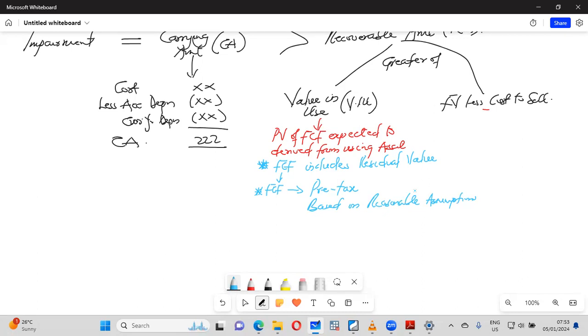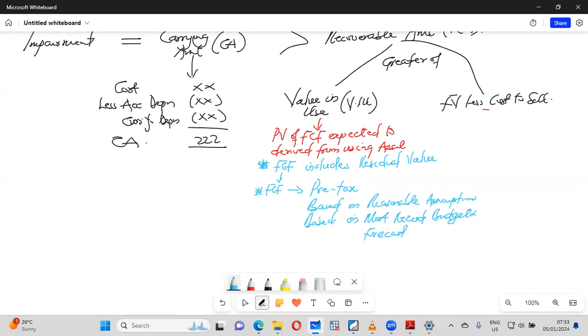It must also be based on the most recent budgets and forecasts, not some old budget, because we want it to be reasonable.